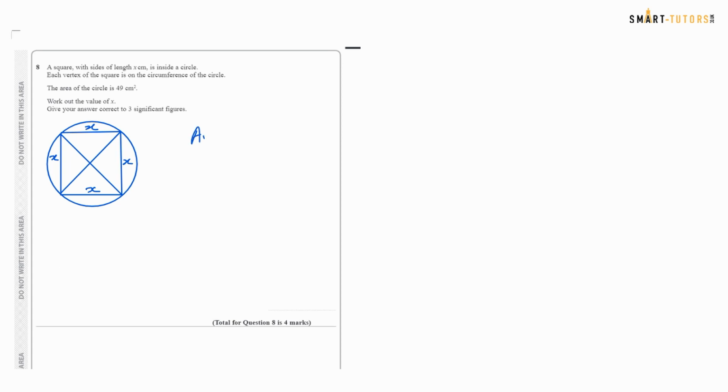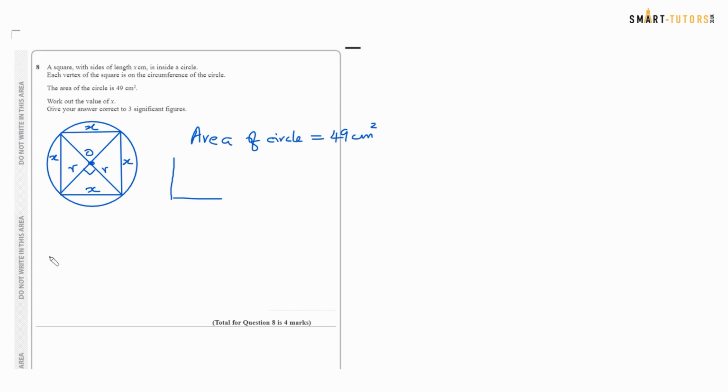And the area of the circle is given 49 centimeter square. Right, now this is going to be my center, so this is going to be radius and this is going to be my radius. Right, and we know a square's diagonals intersect at 90 degrees.